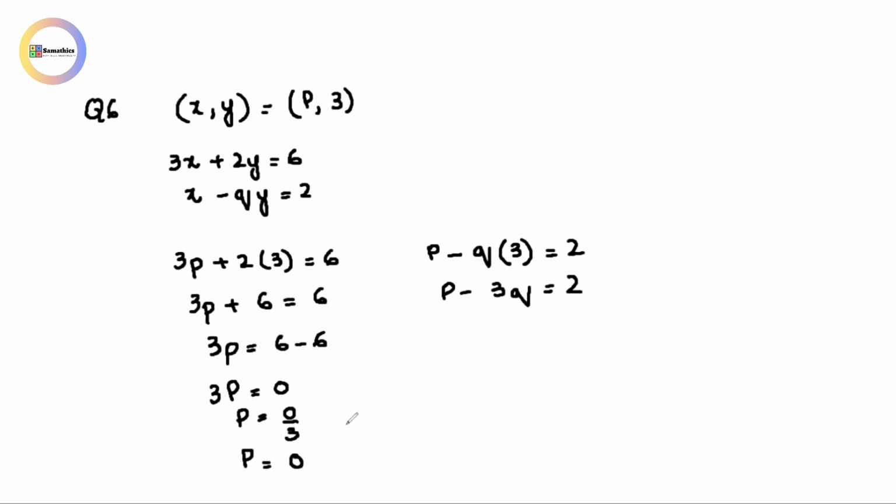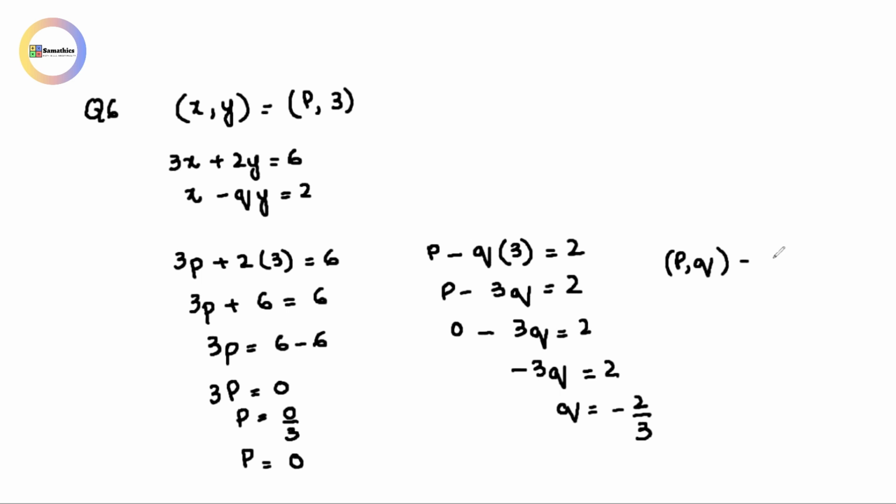Now we have got the value of p as 0, so we will substitute over here. And then minus 3q is equal to 2, and q is equal to minus 2 upon 3. So we have got the values of p and q as 0 and minus 2/3, right?